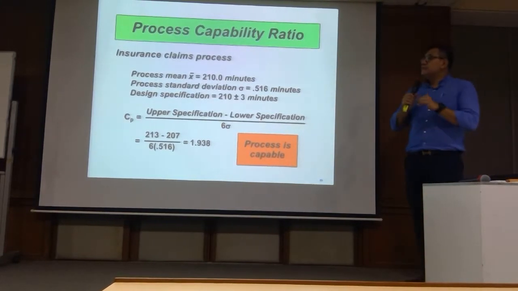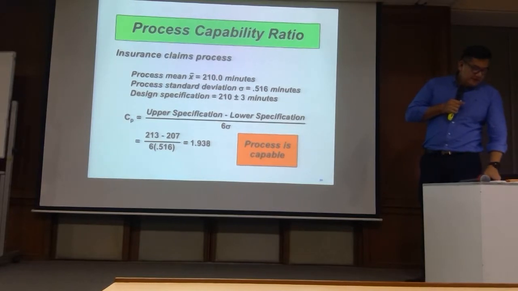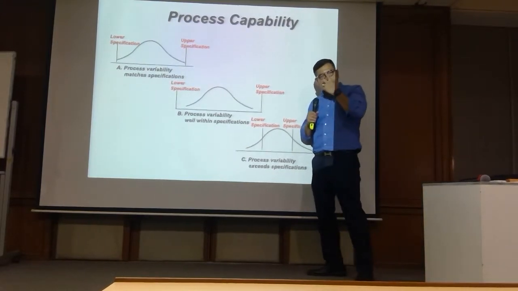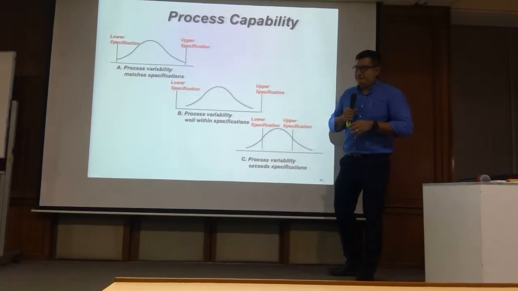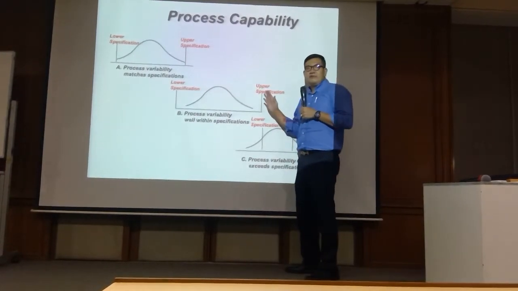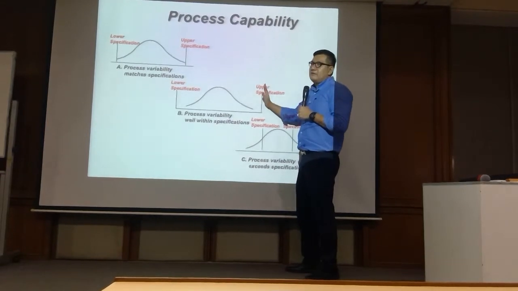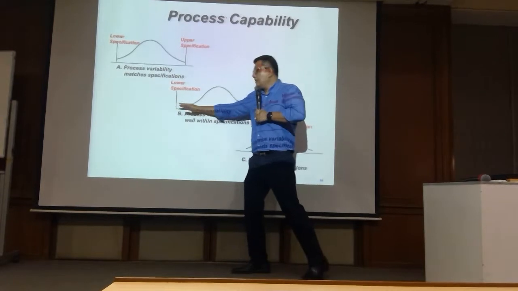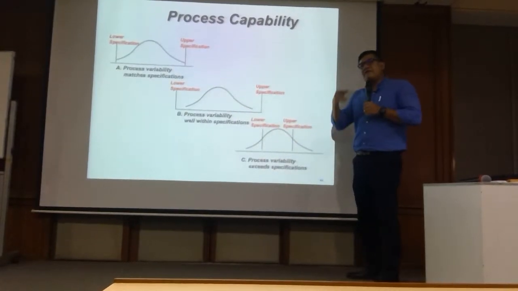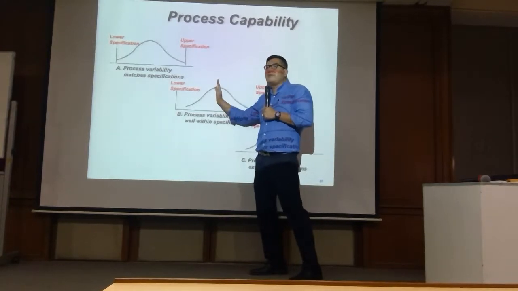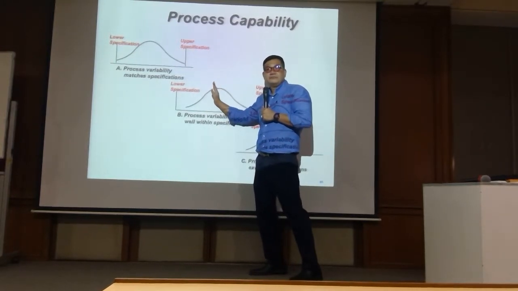But the CP ratio, someone said that it is not that good in some cases. Why? Because if you calculate it using the width of the specification, upper minus lower, divided by 6 standard deviations, you come from the assumption that the mean of the spec and the mean of the process stay the same.